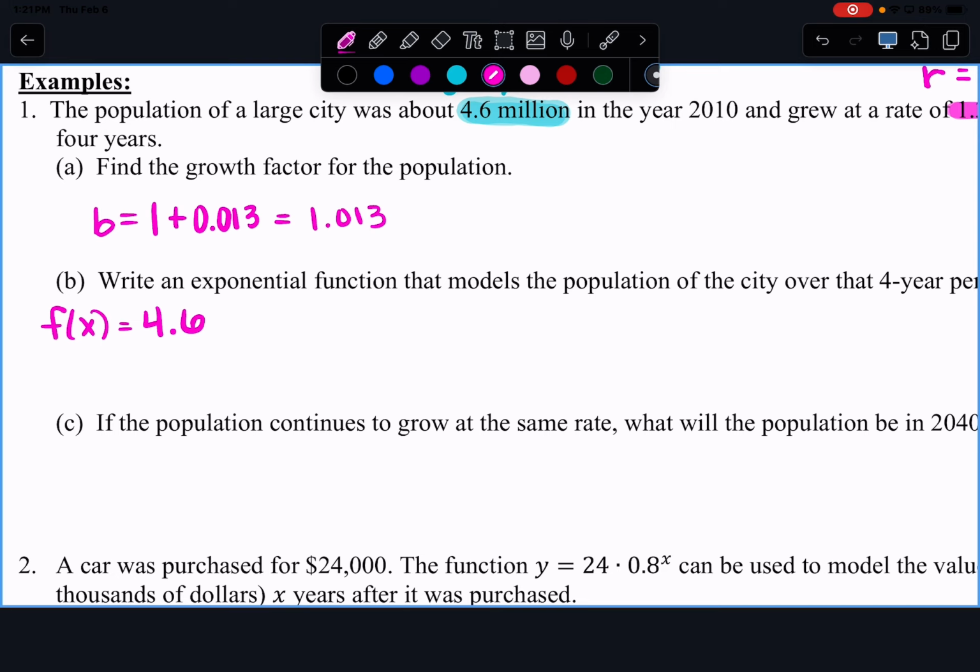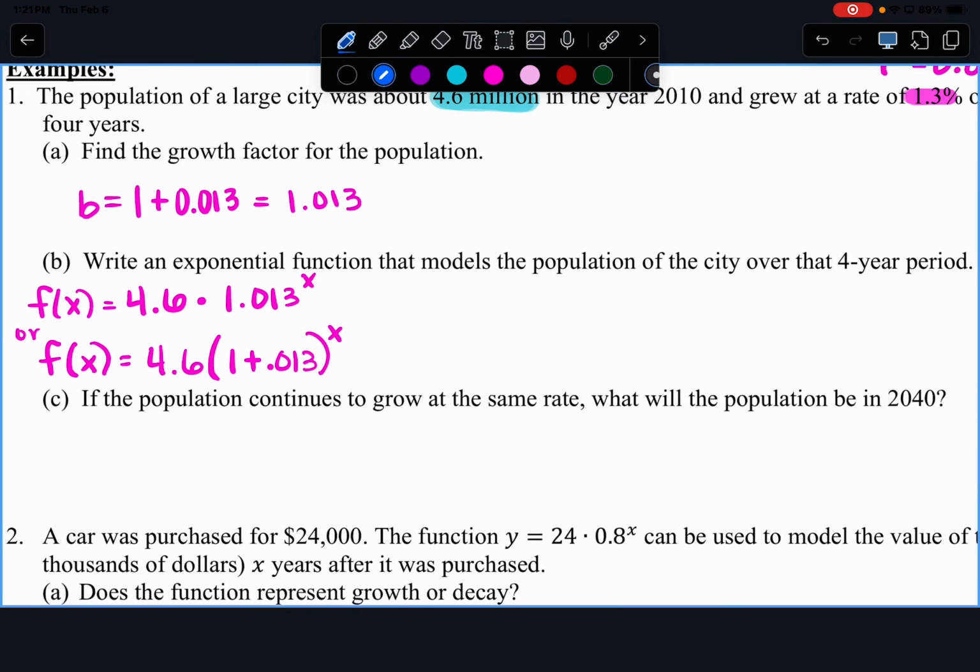So 4.6 times 1.013 to the x power, or you could keep it as 4.6 times 1 plus 0.013 to the x power. Either of those ways of writing the function will give you the right thing. I do not care which one you do.